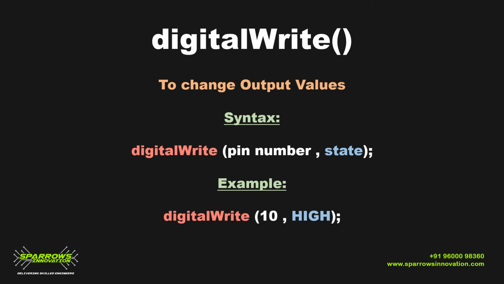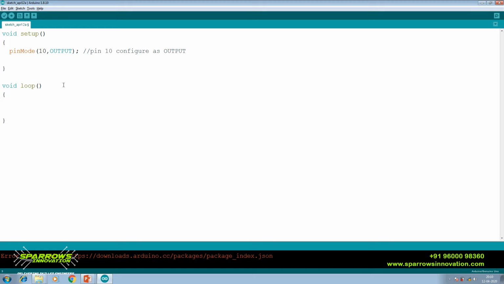So the example will be digitalWrite(10, HIGH). This will make your LED on, since it will provide a logical high or logical 1 as output. So in the program we can type that in the loop, because that's a value changing function. That means you can change your value anytime in the program.